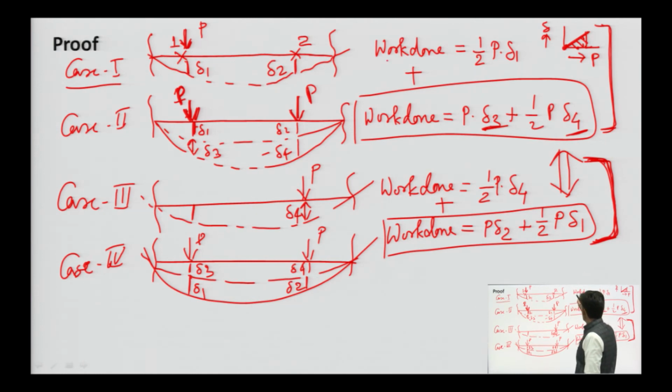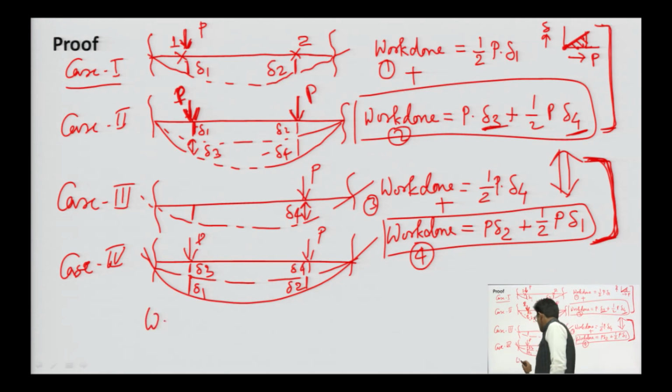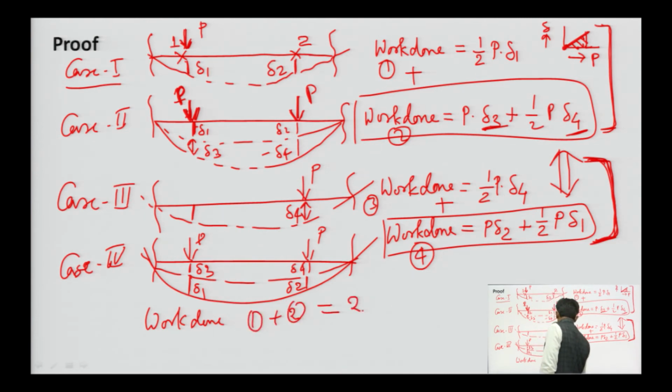Say this is work done 1, this is work done 2, this is work done 3, this is work done 4. So, work done of 1 plus 2 equals 2 plus 3.